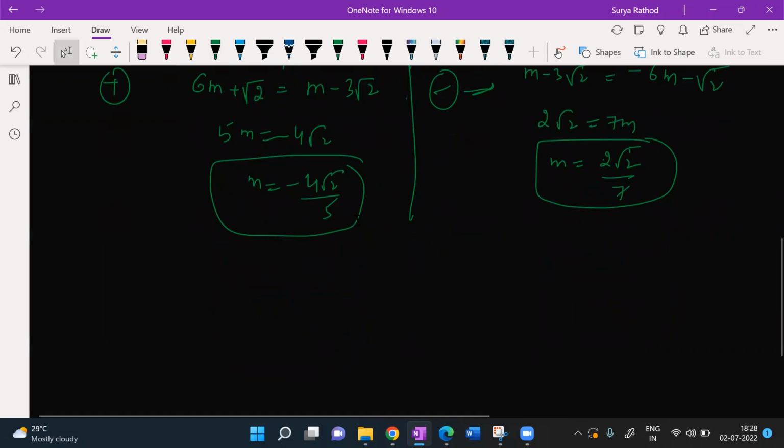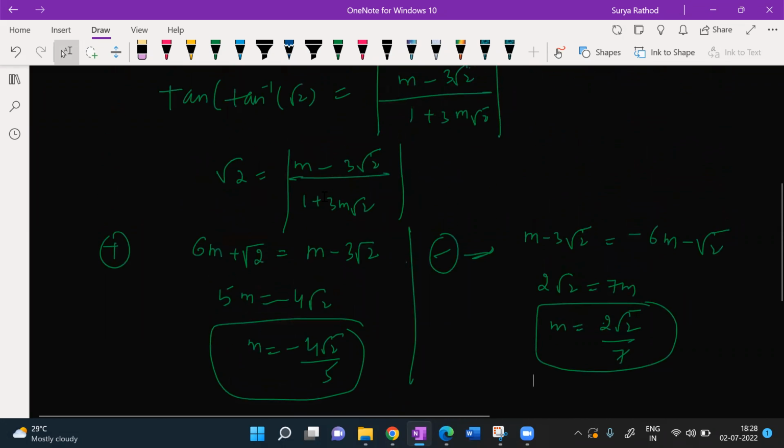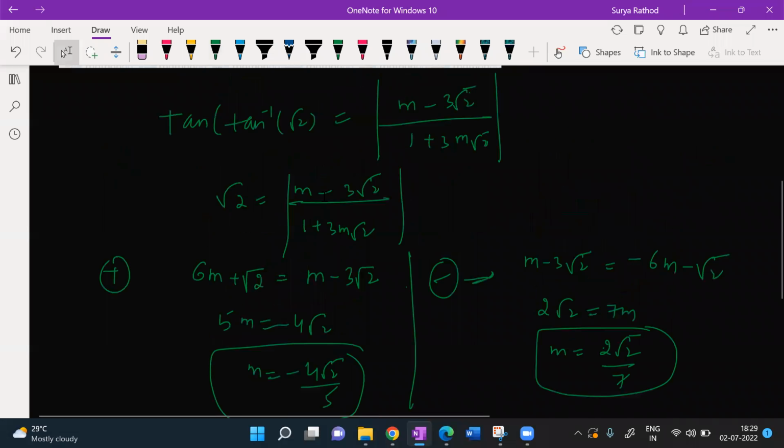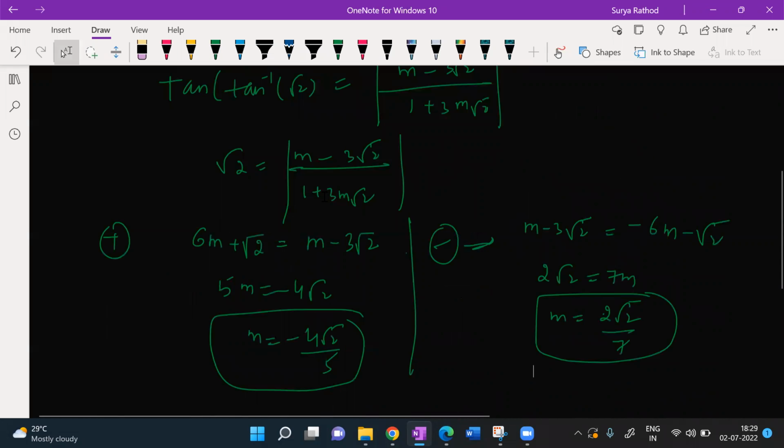Now what can we do here? y is equal to mx plus c. So for option A, you will be getting that only.